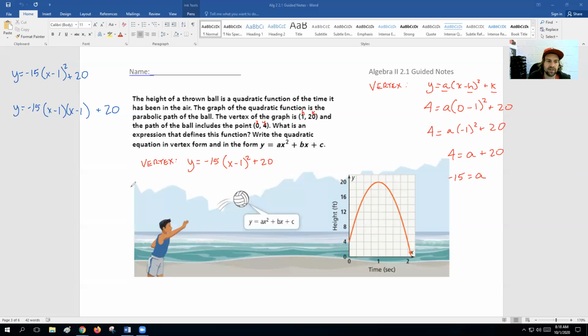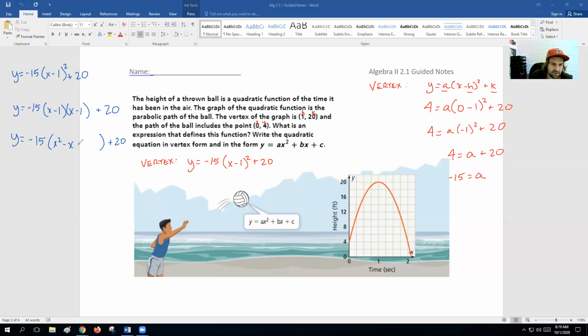Squaring means multiplying it by itself. So we want to do this because we have to FOIL, or double distribute. We have to multiply the first numbers together, then the outer numbers, then the inners, and the last. So let's ignore the negative 16 and the 20 and take care of all the distribution here. x times x is x squared. x times negative 1 is a negative x.